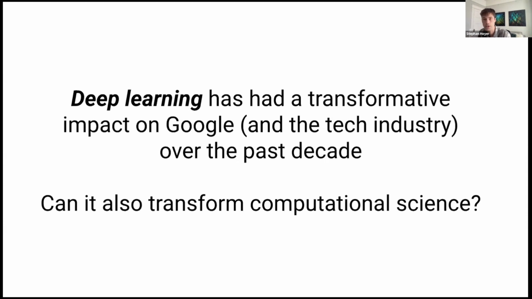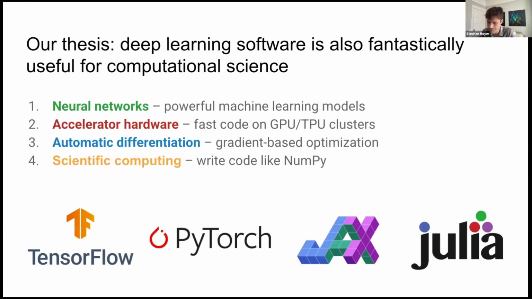We've been focused particularly on computational science. So the broader thesis that we've been exploring is how AI technology, like deep learning tools, particularly deep learning software and this software paradigm, can be relevant for computational science.